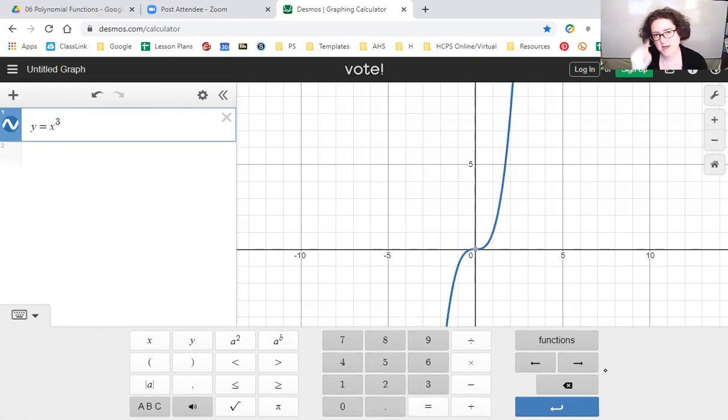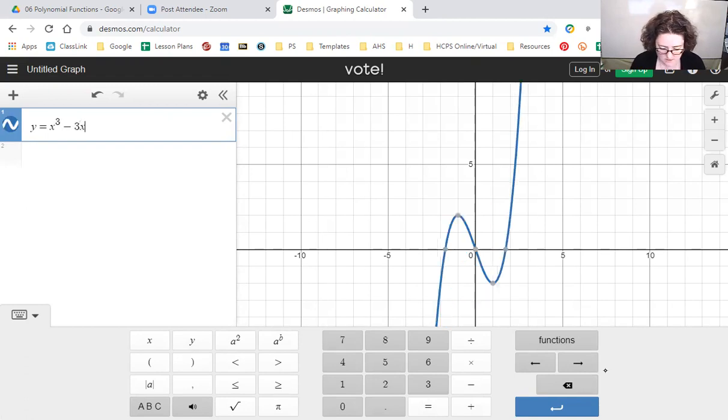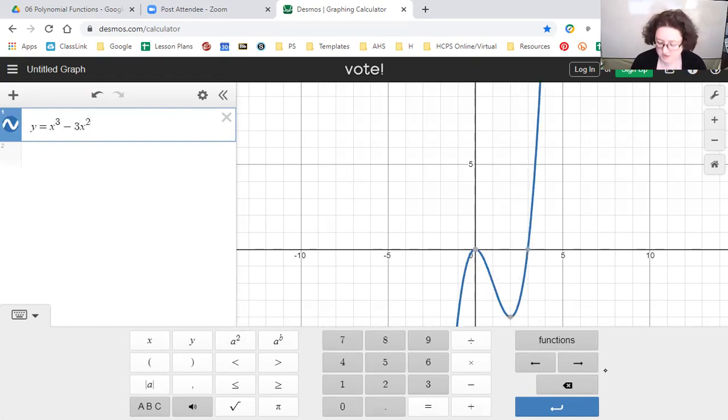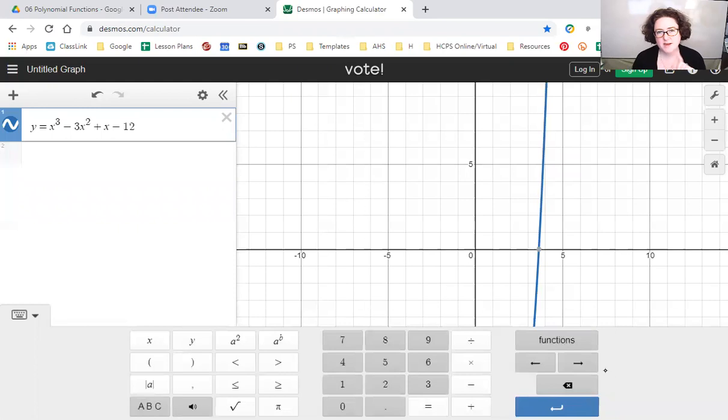Again, I'm hitting the little a with the b exponent to get to that cube if you're using the keyboard screen like I am. And then minus 3x squared, and then plus 4x, and minus 12.